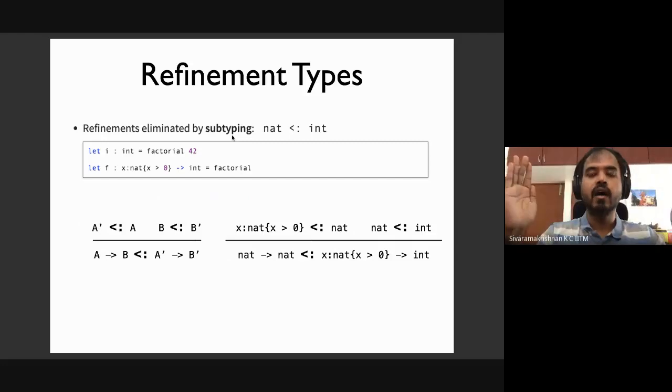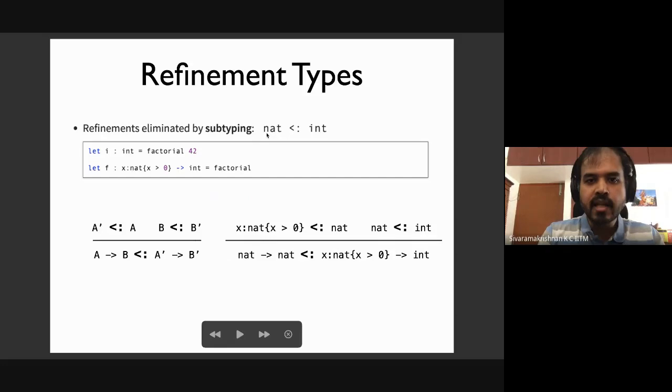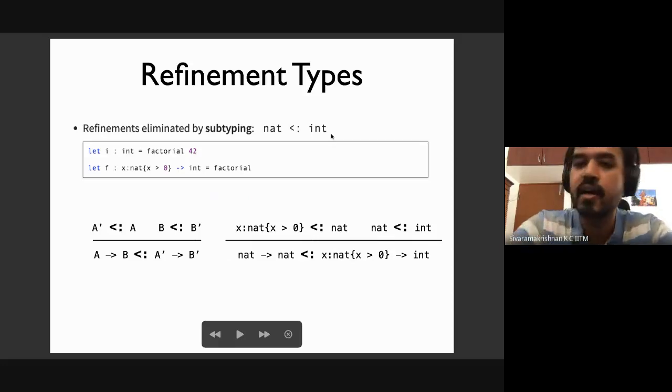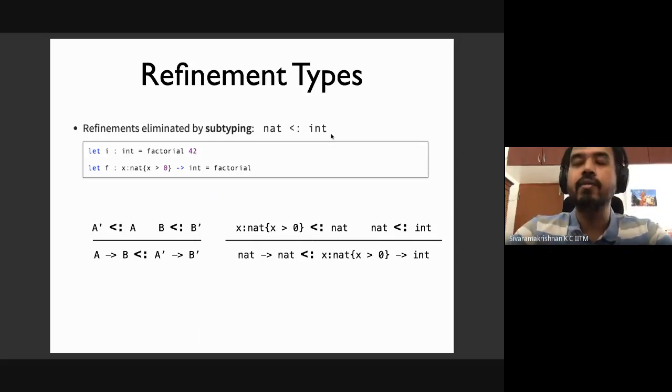We have this natural hierarchy of types, and we can start very simple here. We say that a natural number type is a subtype of integer. This is the syntax that we use for subtyping. What does that mean? Every natural number is also an integer. That is precisely what we are claiming.